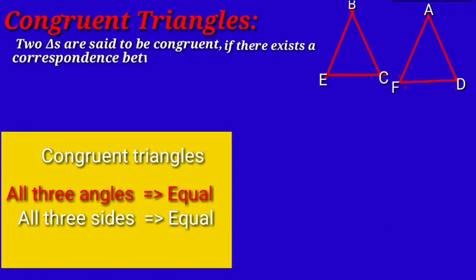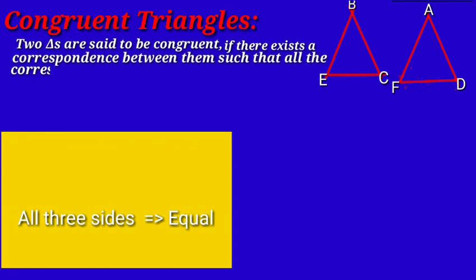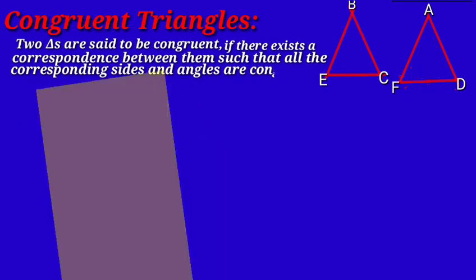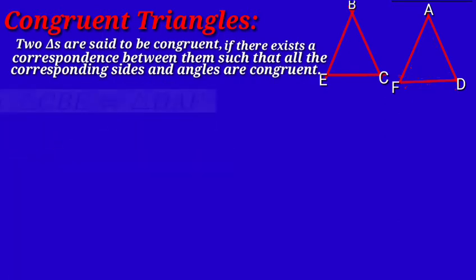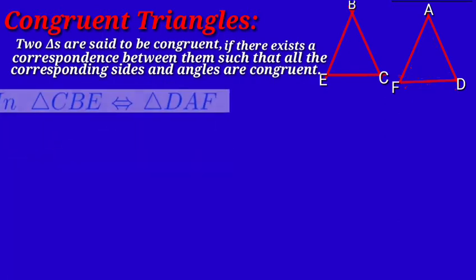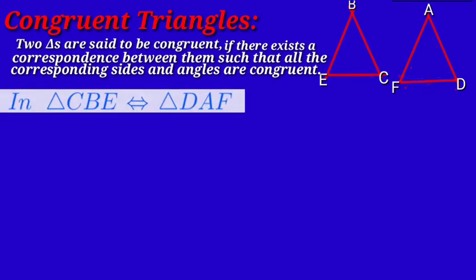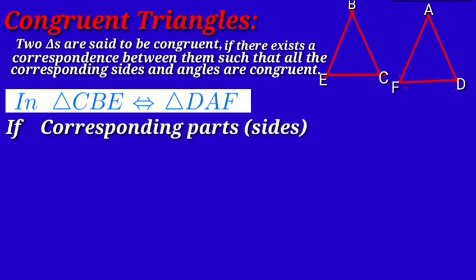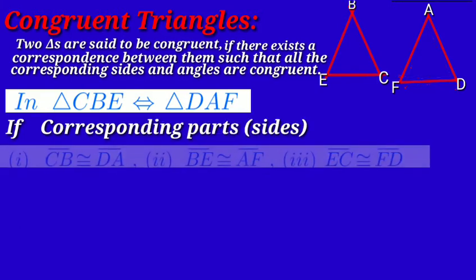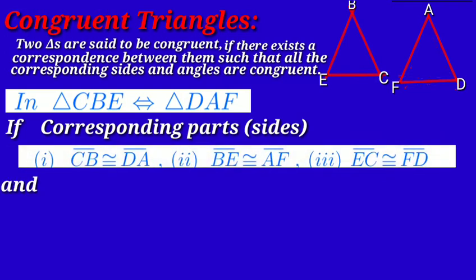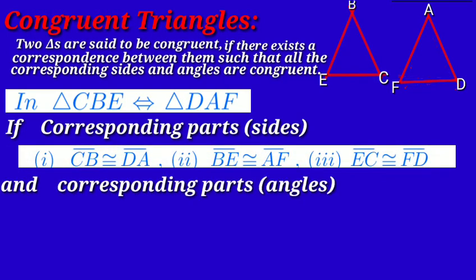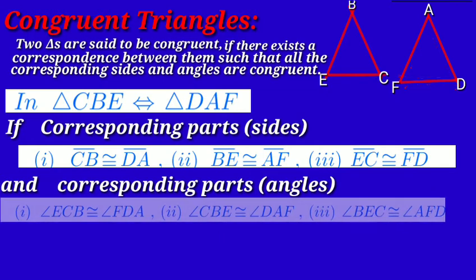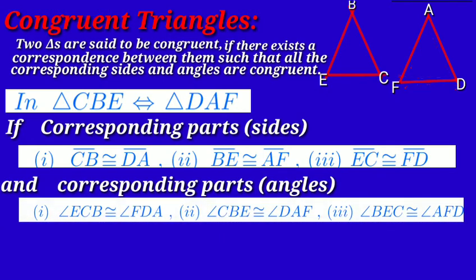Here we define how two triangles are congruent: when corresponding sides are congruent and corresponding angles are also congruent, then these two triangles are congruent.